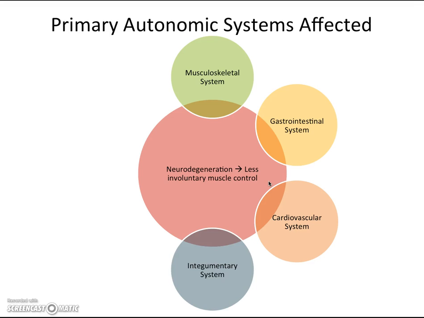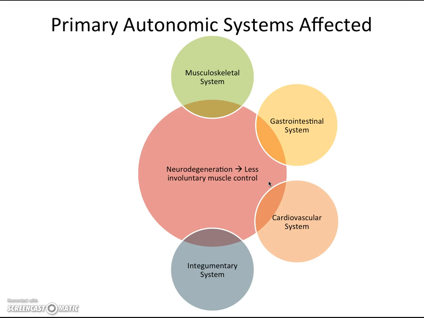I want to bring up the integumentary system just because I think it's interesting, not a system that we talk about too much. But people with Parkinson's disease can either have excessive or decreased sweating. And sweating is part of the way that the body regulates body temperature. So it's a signal from the hypothalamus.